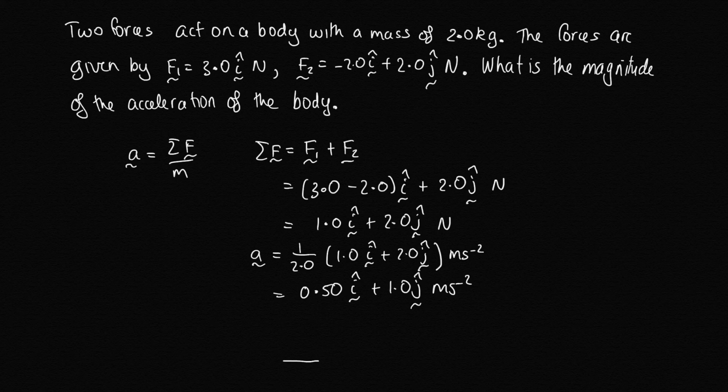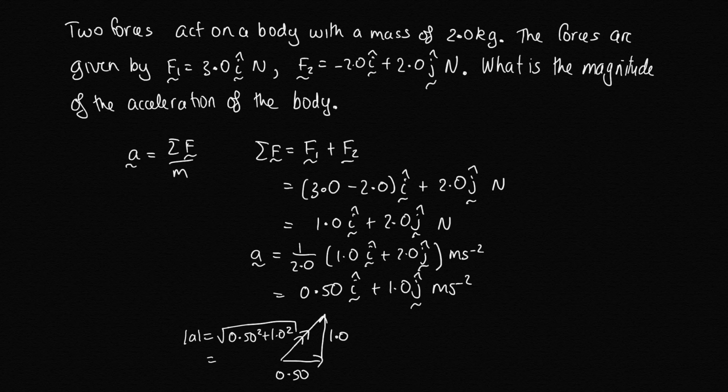To do that, we've got 0.50 in the i direction, and then 1.0 in the j direction, and the magnitude is up here like this. So we can use Pythagoras' theorem. The magnitude of the acceleration is equal to the square root of 0.50 squared plus 1.0 squared.